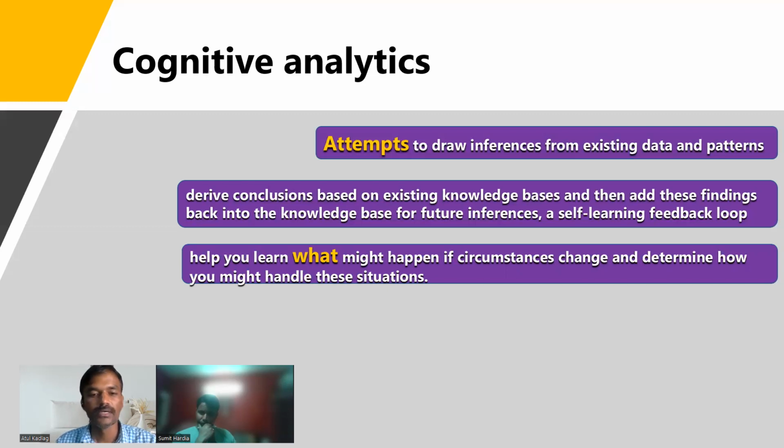So this is what we are going to understand from cognitive analytics. These are the different analytics components which we need to understand. Now we are going to see our next unit.